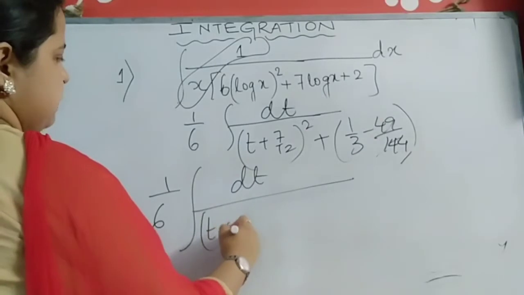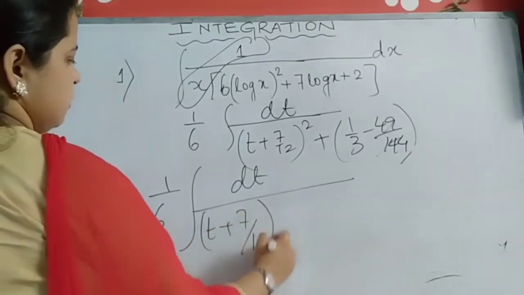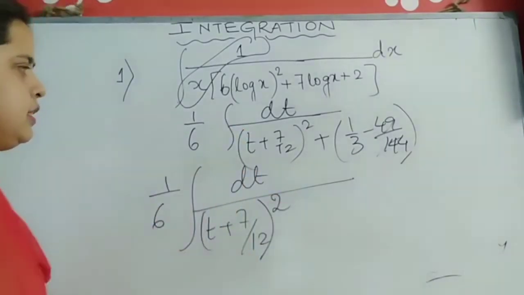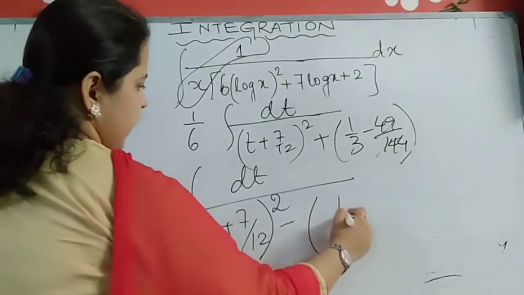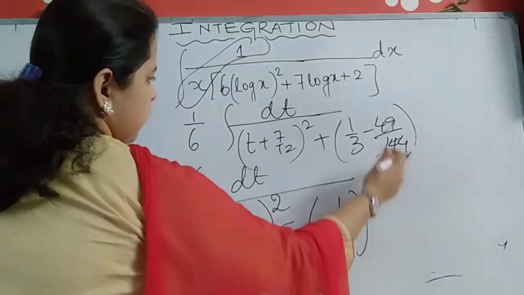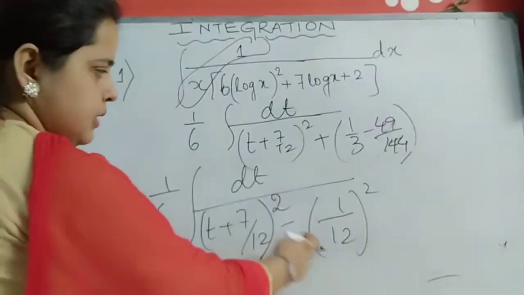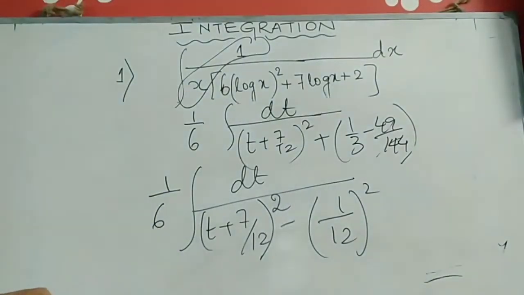See, the new expression comes down to what? See, this is t plus 7 by 12 whole square. And what am I getting here? See, a minus sign will be coming. Okay, so let me write it like 1 by 12 whole square, because a 3 was also coming, which is cancelling down the 1 in the denominator. Okay, the LCM is 144 into 3.